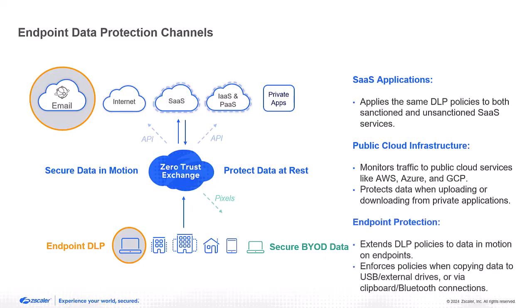Now, we extended the same data loss prevention engine, and we are also protecting the data in motion on your endpoint. The use case here is if a user were to copy your sensitive data from the endpoint to a USB or external drive, a clipboard, or a Bluetooth connection, we are going to be able to enforce the same DLP policy and protect your data on the endpoint.